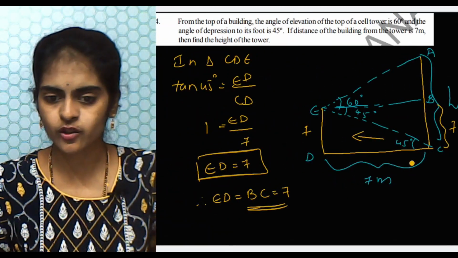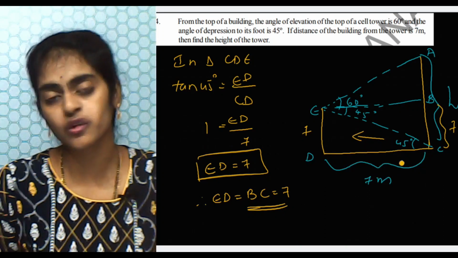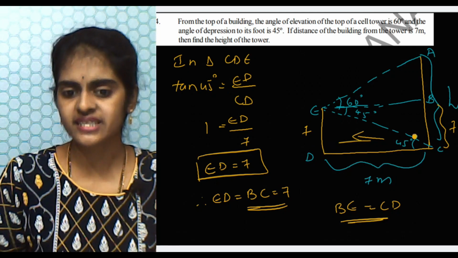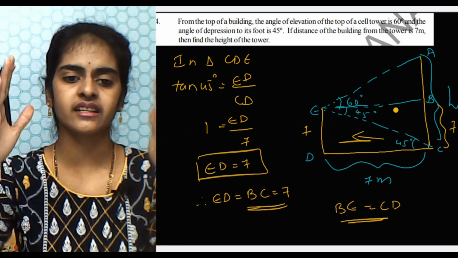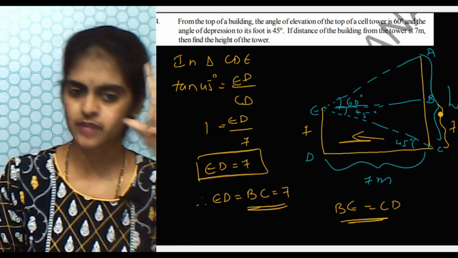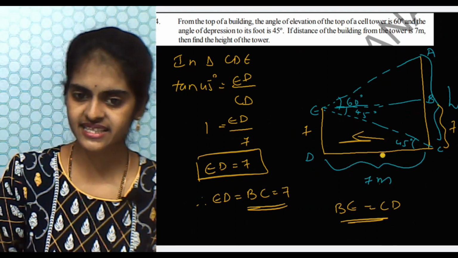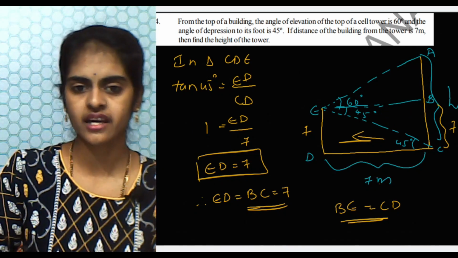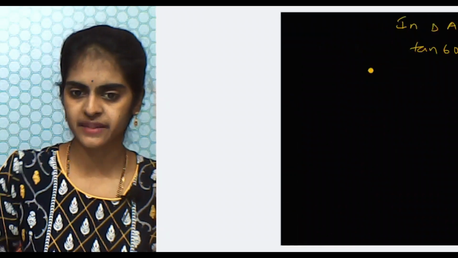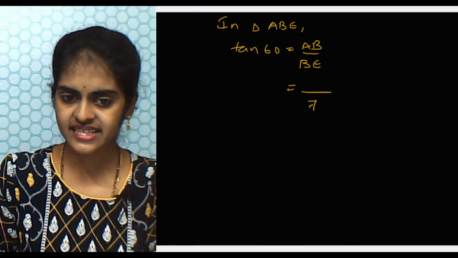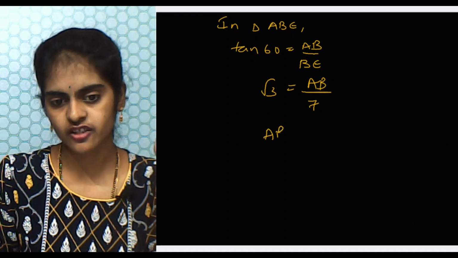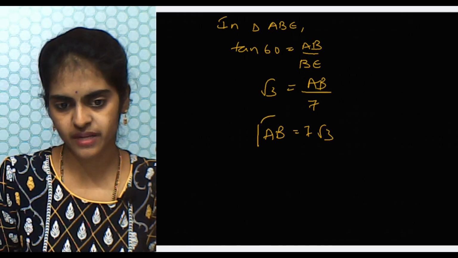Here you know BE and CD are equal, because the building and the tower are parallel lines, so the distance between the parallel lines, CD and EB, will be equal. So if this is 7, EB is also 7. AB you don't know, so keep it as AB divided by BE, which is 7. Tan 60 is root 3, so AB is 7 root 3 by cross multiplying.